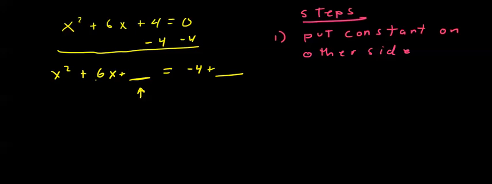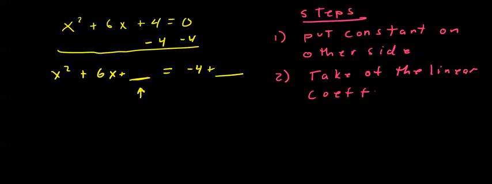So what we do is we take half of the linear coefficient and square it.